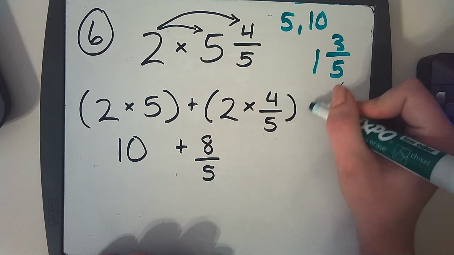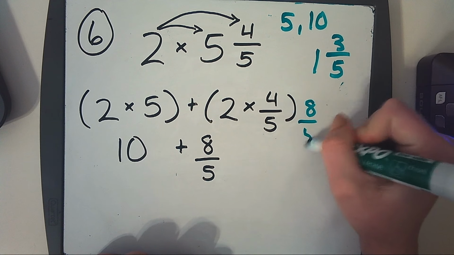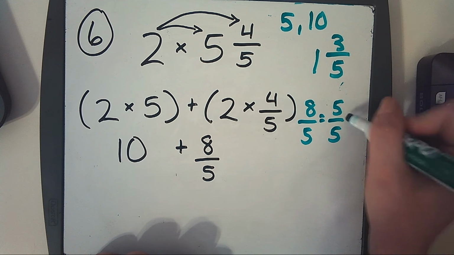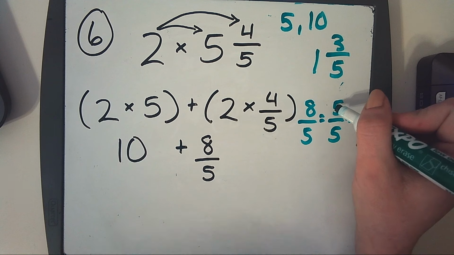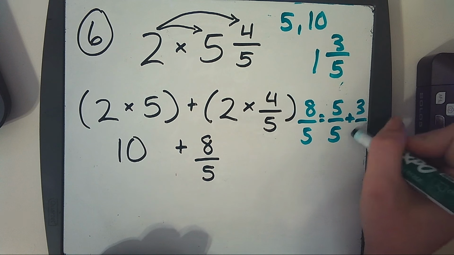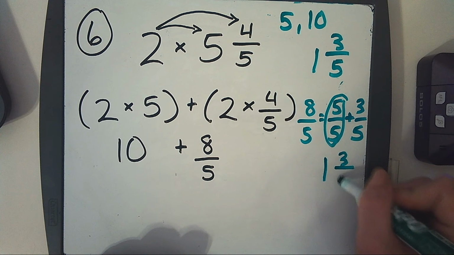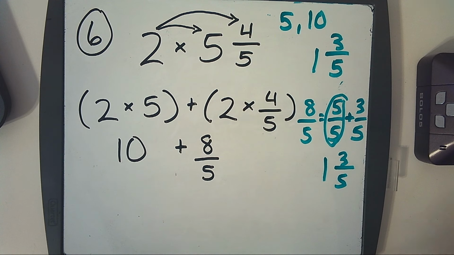Just like if I were to break it apart, 5/5, we can have one whole plus 5, count up to 8, you would have 3/5 left over. So that's how you're finding the same thing with two methods.